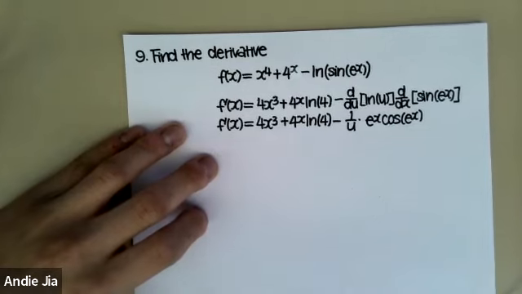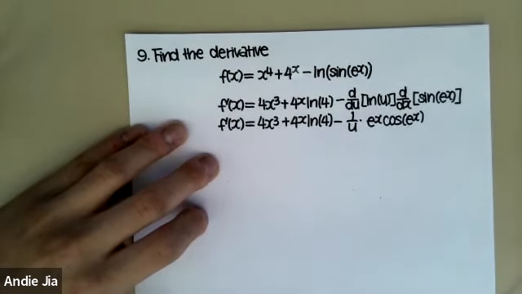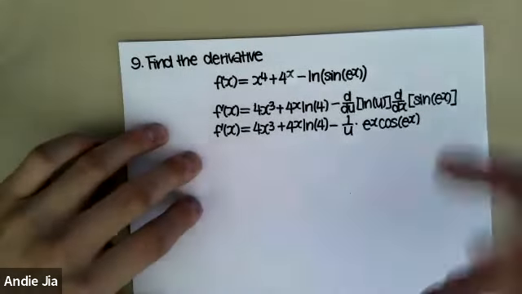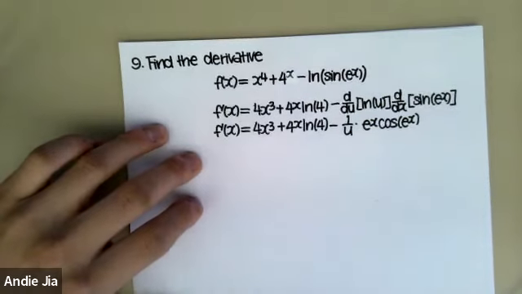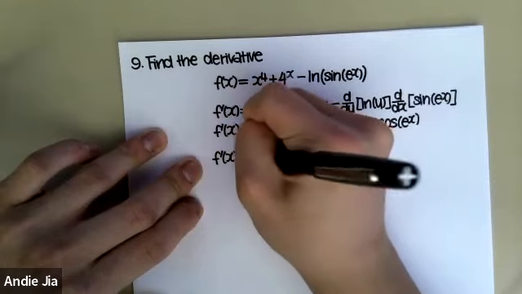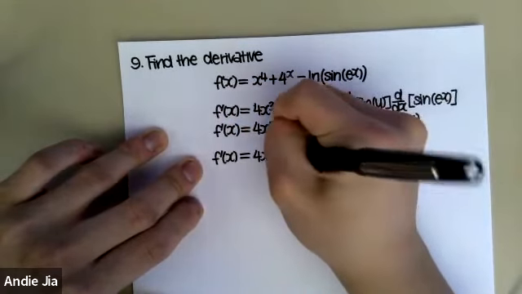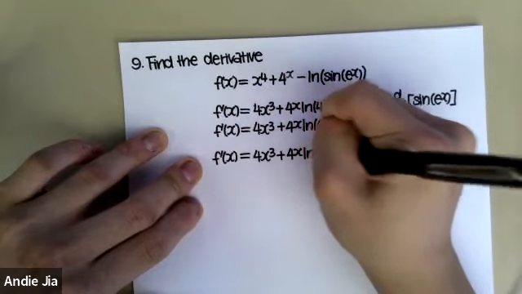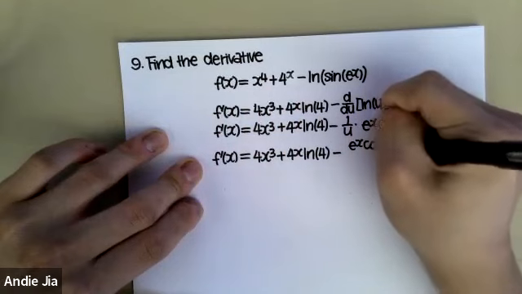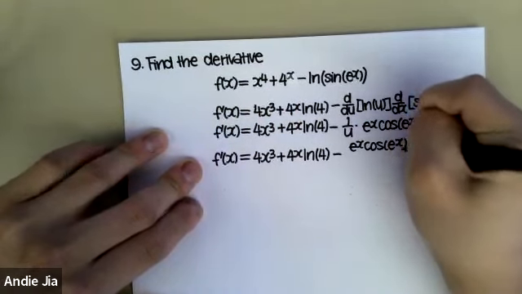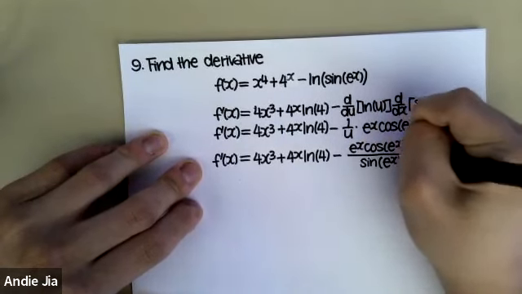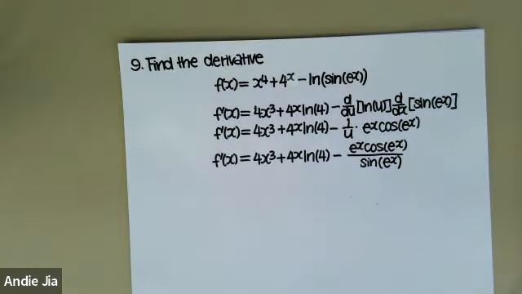I just want to make sure that I don't make any stupid mistake this time. Plugging back the u, f prime of x can be written as 4x to the cubic plus 4 to the x natural log of 4 plus e to the x cosine of e to the x over sine of e to the x.